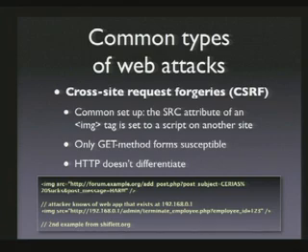Basically, you pass an image tag in, and you set the source attribute to a script that's on another site. One thing is that this only works with get method forms. But basically, the idea here is that you inject that to get it to trigger some kind of action via get on another site.